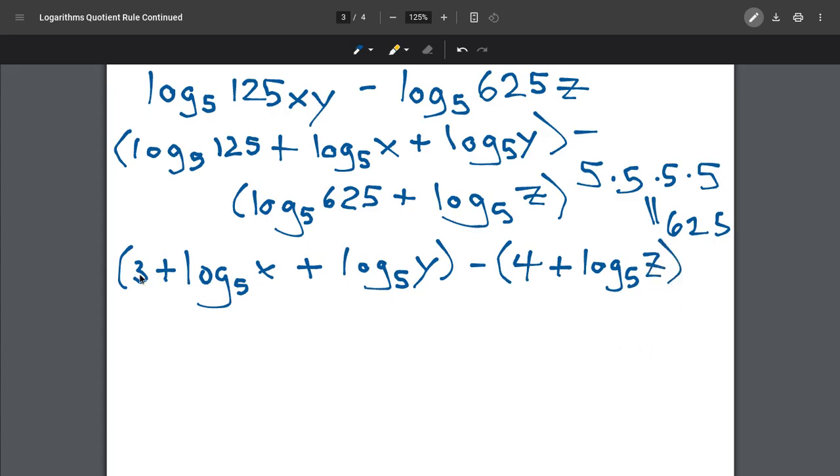Okay, so let's start with 3 minus 4. That's going to give us negative 1. Then we still have plus log base 5 of x plus log base 5 of y. Let's cross these off as we go.